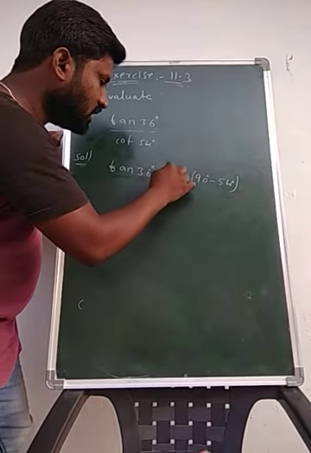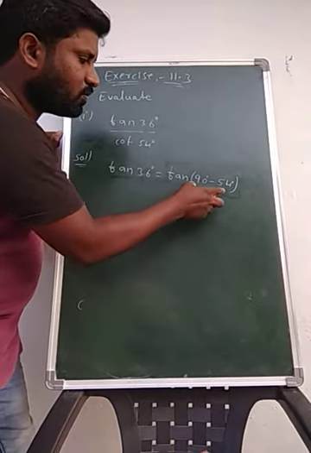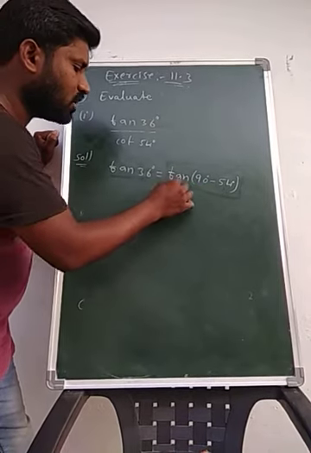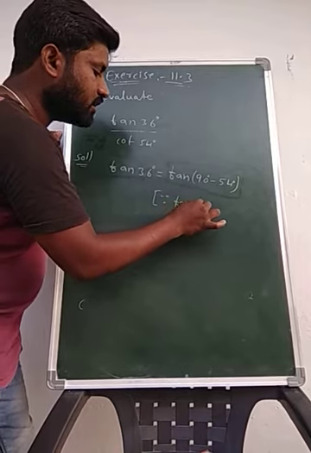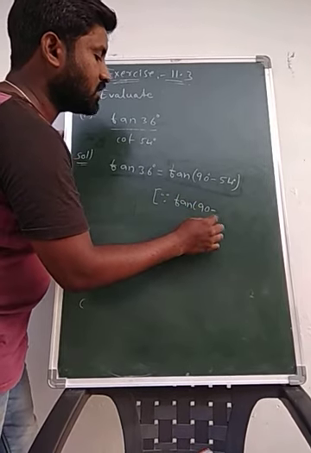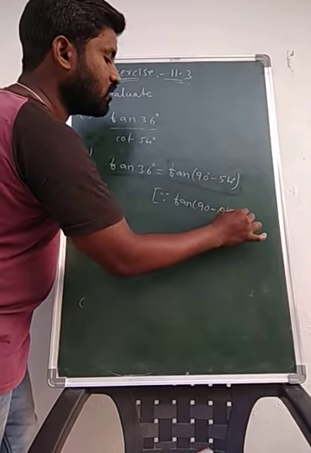So here one formula will be useful for us. What is that one? That is tan 90 minus theta is equals to what?